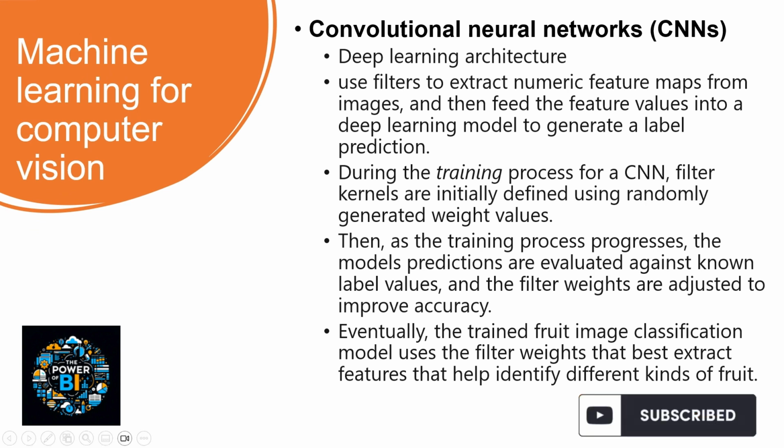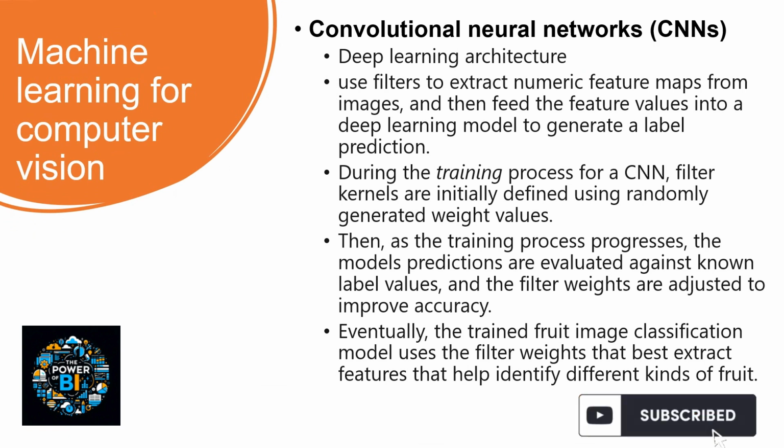But the goal of computer vision is to extract actionable insights from images, which requires the creation of machine learning models that recognize features based on a large volume of existing images. This comes up with a convolutional neural network, which trains the model to extract the numerical features of the images.